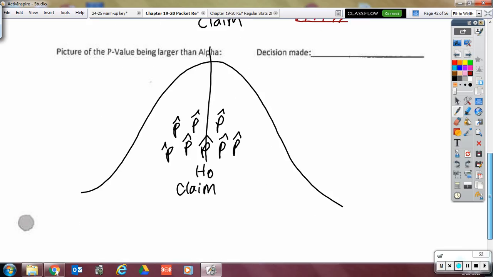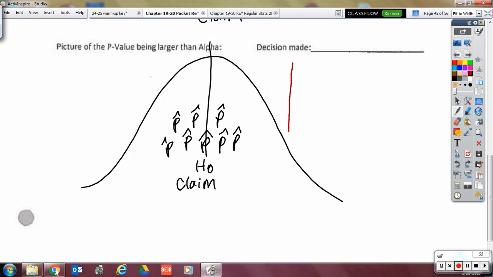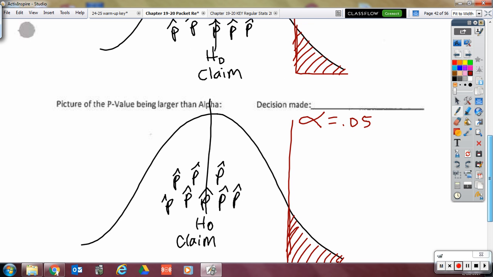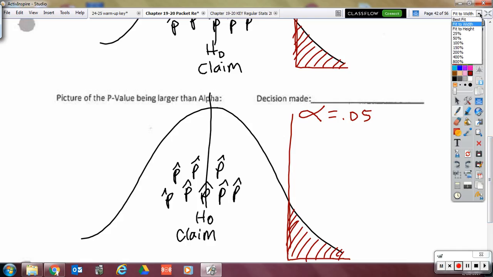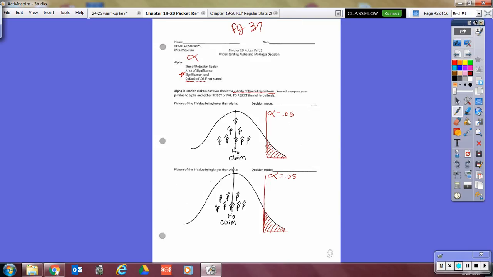Okay, so I'm going to draw that on both of these curves. I'm duplicating it right here. Alpha is 0.05. So there is the top. They're both the same, so I put an alpha of 0.05 on both of them. So there's what I have so far: a colored rejection region of 0.05 on both of those curves.